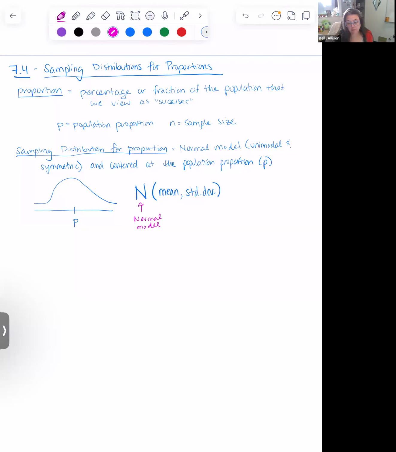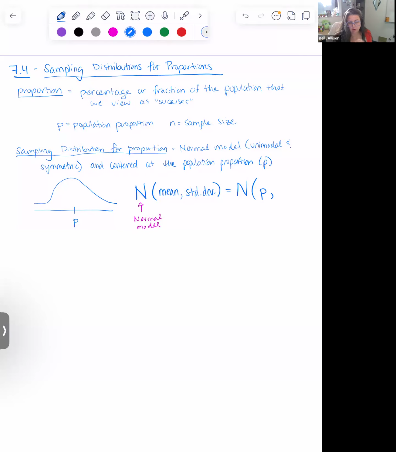The first value in those parentheses represents the mean and the second represents the standard deviation, just like in section 7.3. We know that's unimodal and symmetric, so it is a normal model. And instead of a mean like x bar or mu in the center, we put p.